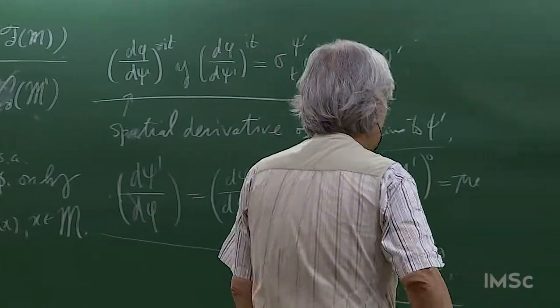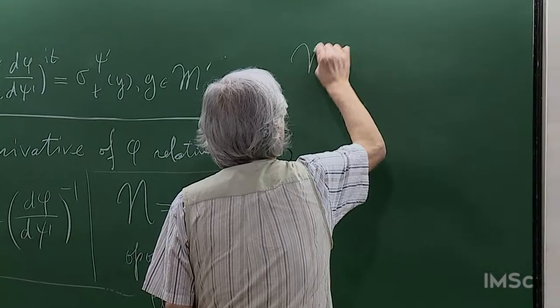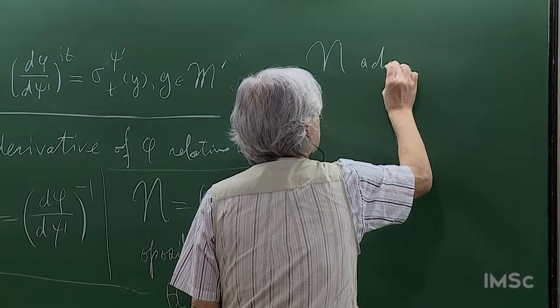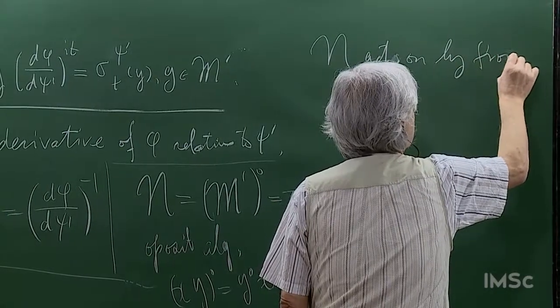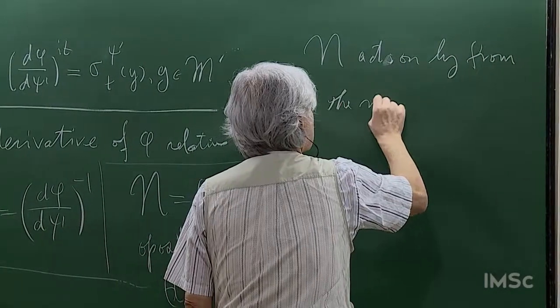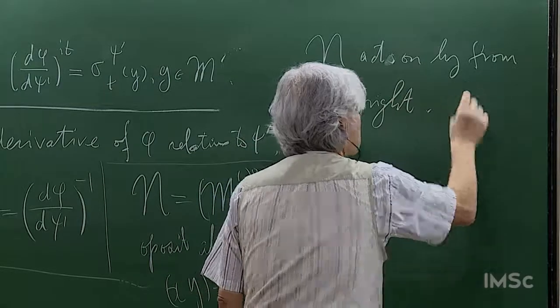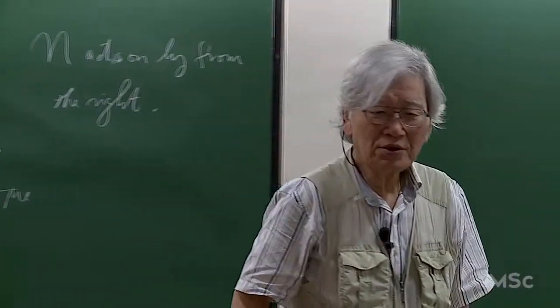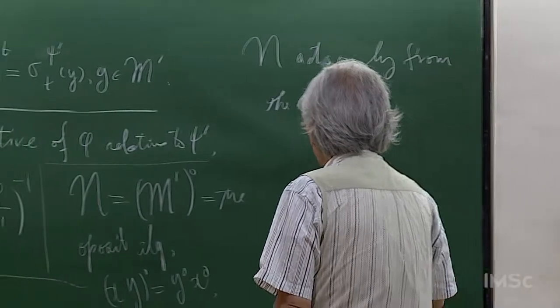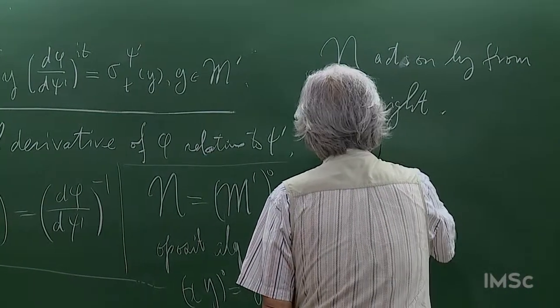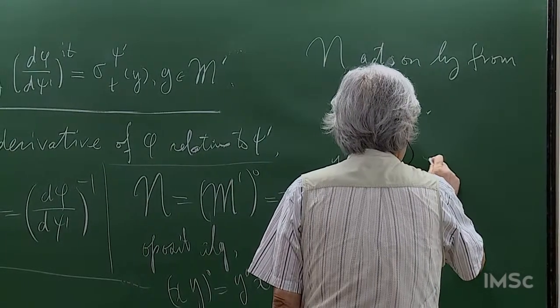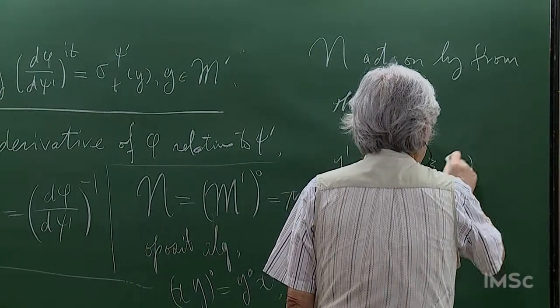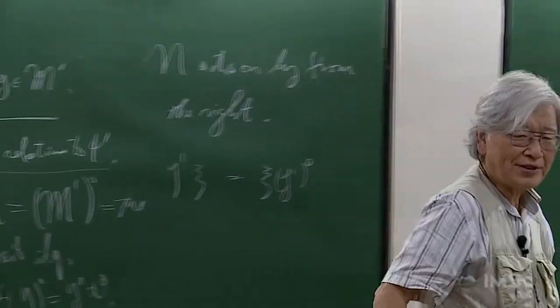What is gained? Now N acts on H from the right. So instead of y prime xi, we write xi y prime circle, from the right, for y prime in M prime.